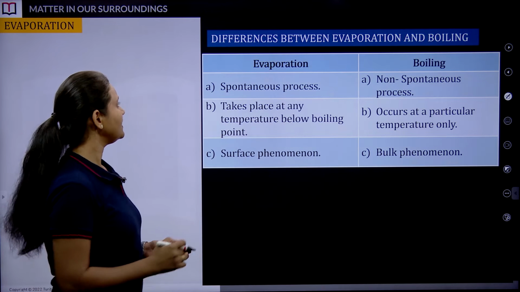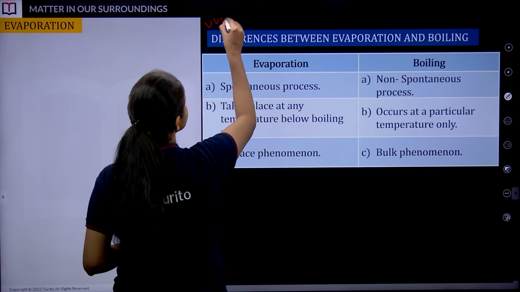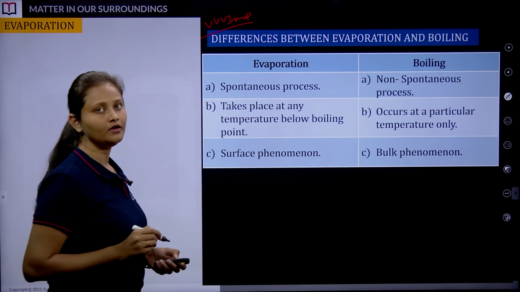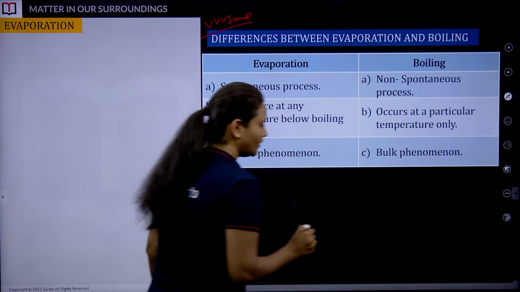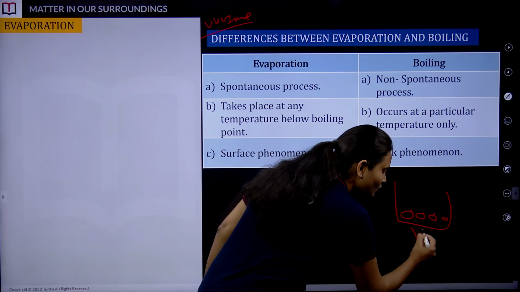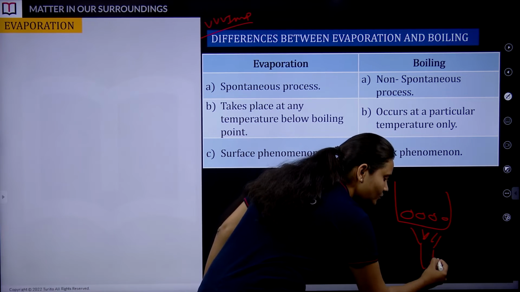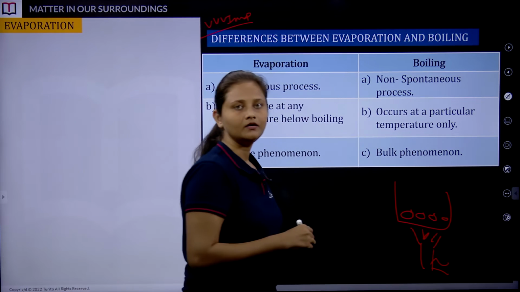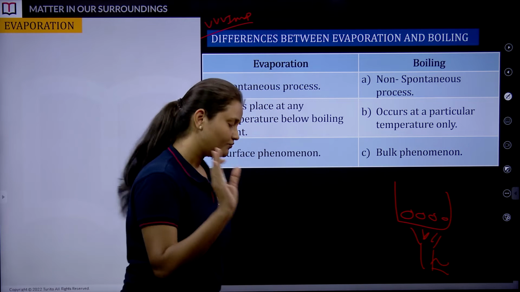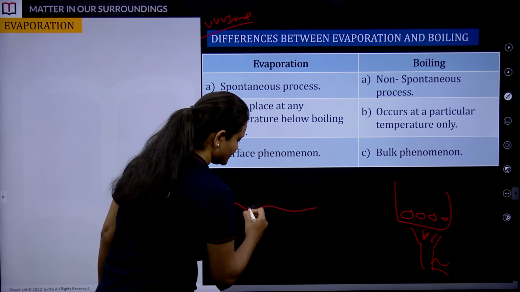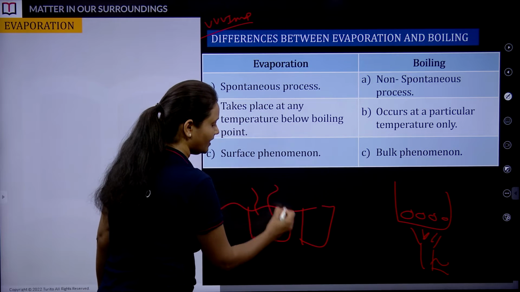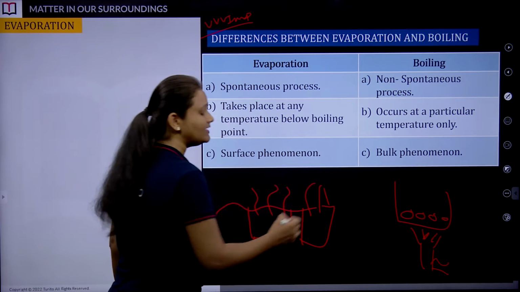Now here is the very important part of this session, that is what? Difference between evaporation and boiling. Students, in boiling what happens? If I am taking a substance which is in liquid state, I am going to supply some heat to the system. This is a liquid. So here external heat is getting supplied, whereas in evaporation, this is a cloth, it is going to dry up, it is going to get volatile very naturally.